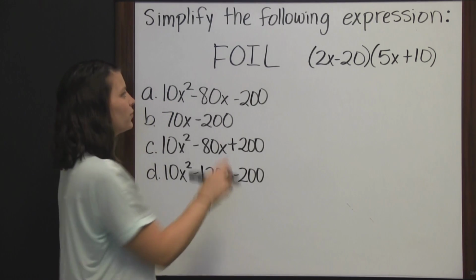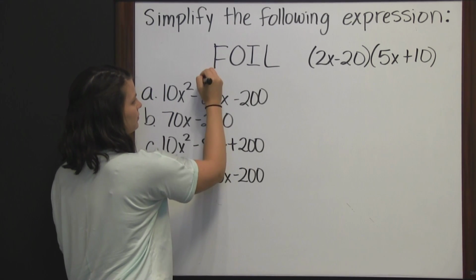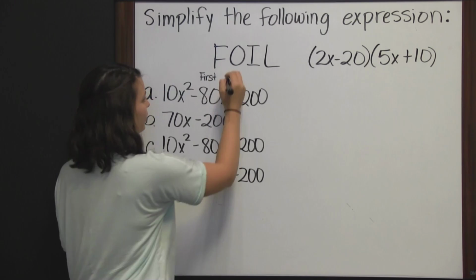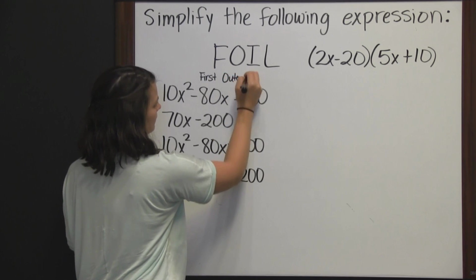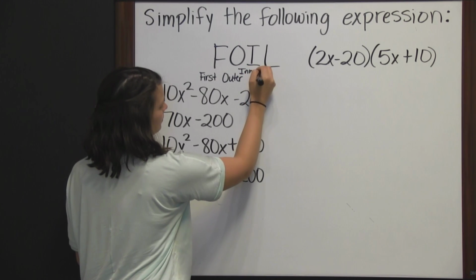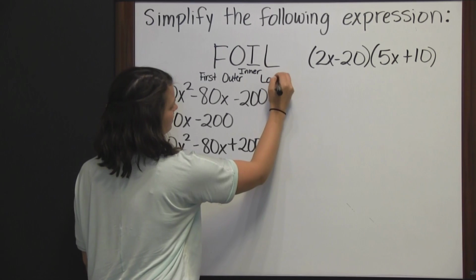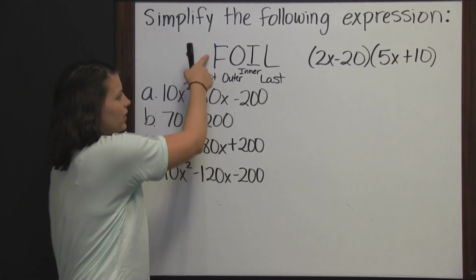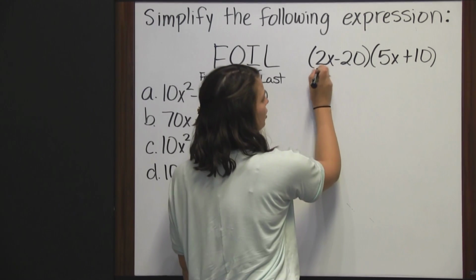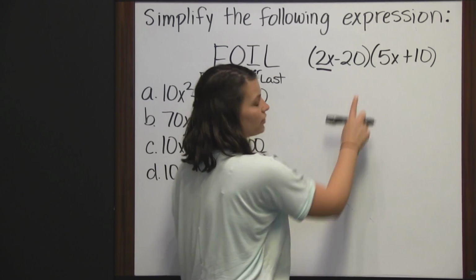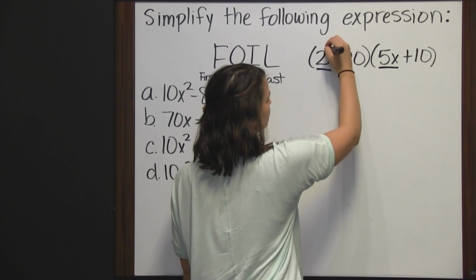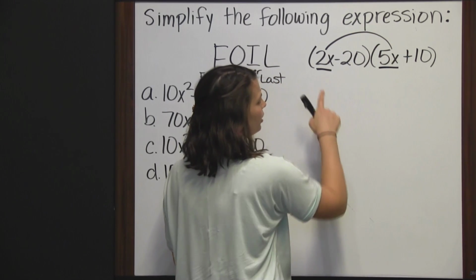And FOIL stands for first, O stands for outer, I stands for inner, and L stands for last. So the F first means to multiply the first term in the first binomial times the first term in the second binomial. First times first.